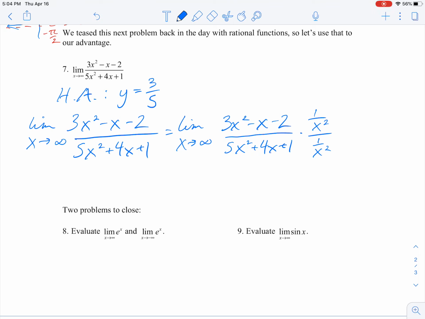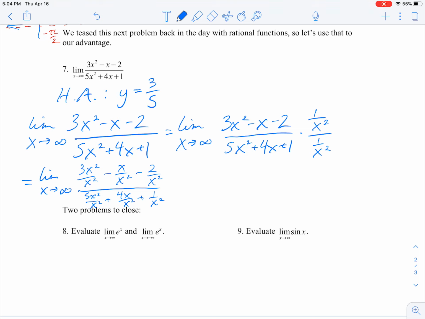Okay, so that looks like limit as x goes to infinity of, well, 3x squared over x squared minus x over x squared minus 2 over x squared. On the bottom, we'll have 5x squared over x squared plus 4x over x squared plus 1 over x squared.